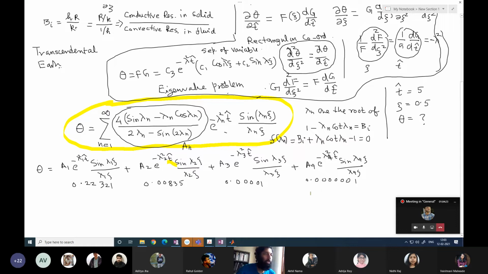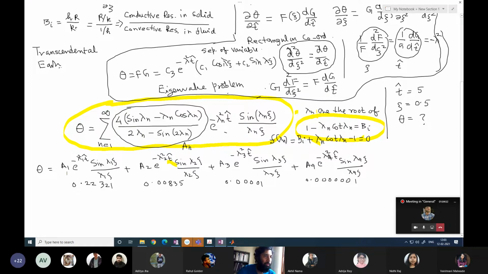And this solution has something called lambda n, because to get the solution you know zeta and tau at which people are asking, but we don't know lambda n. So lambda n has to be obtained by solving this equation. This equation's solution is dependent on the Biot number. So take a simple plot, fit the Biot number and get approximate values of 4 lambdas.